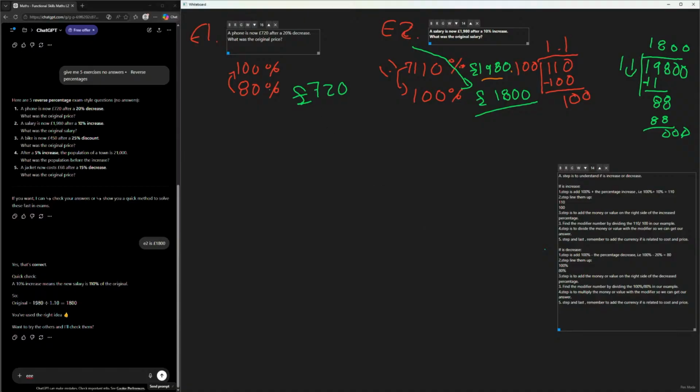Let's continue. So first we need to find the modifier. So we need to divide 100 by 8.